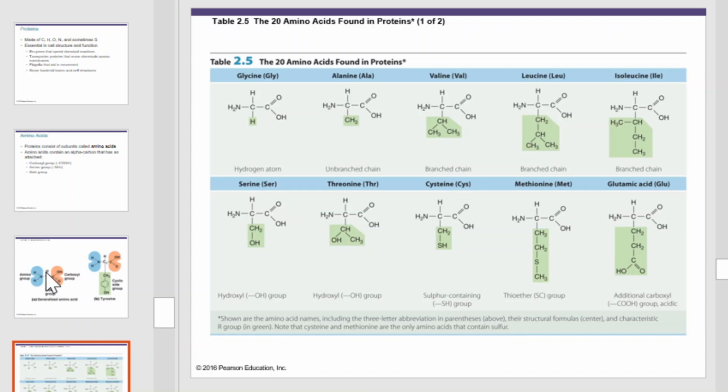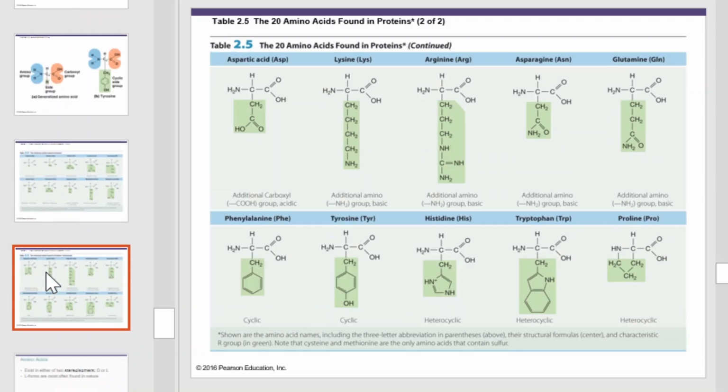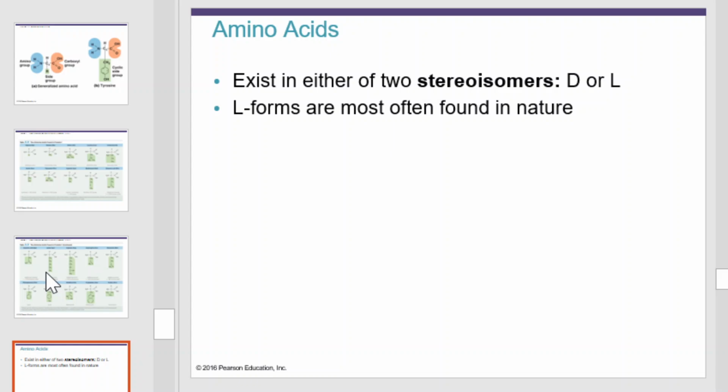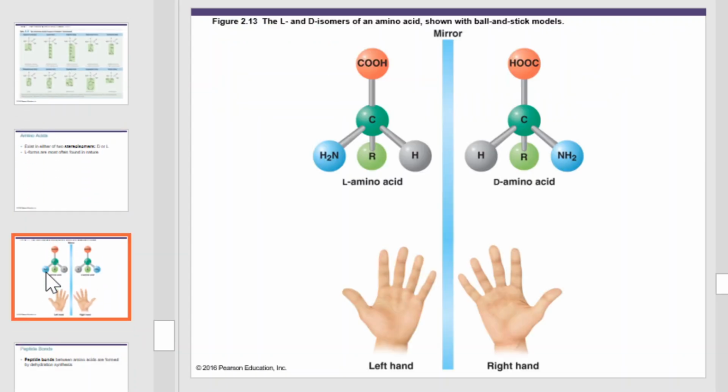Aside from the core architecture of an amino acid, which is identical, the side groups give each amino acid its unique properties. Amino acids will exist in either of 2 stereoisomers, the D or L form. The L form is most often found in nature.